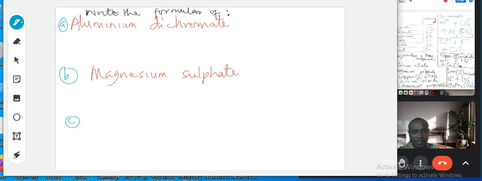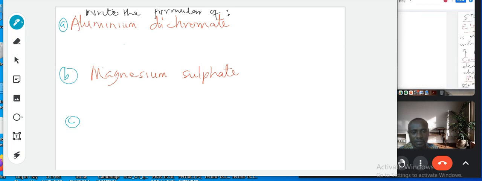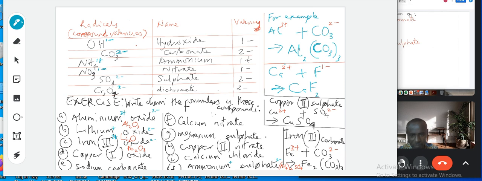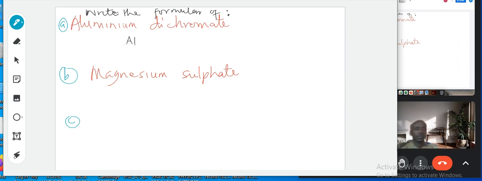Okay, so this one would be in brackets. For the dichromate, is that Cr2O7? Yes, the entire thing.